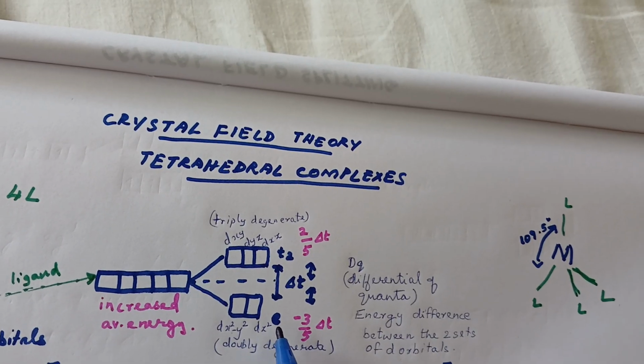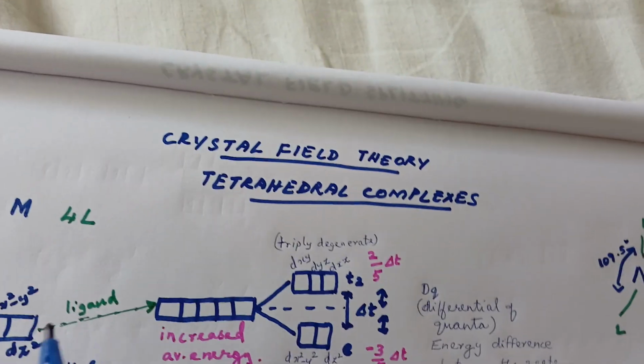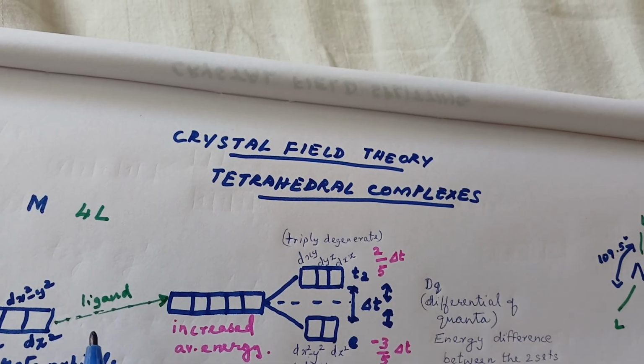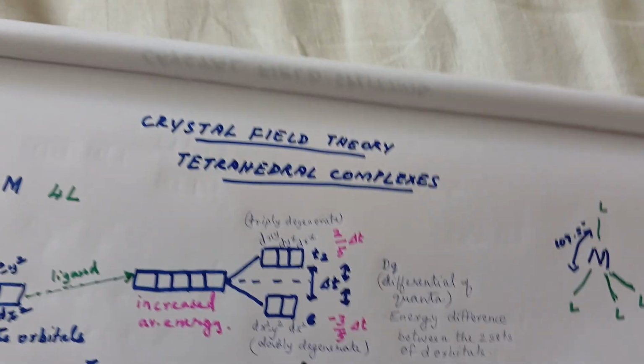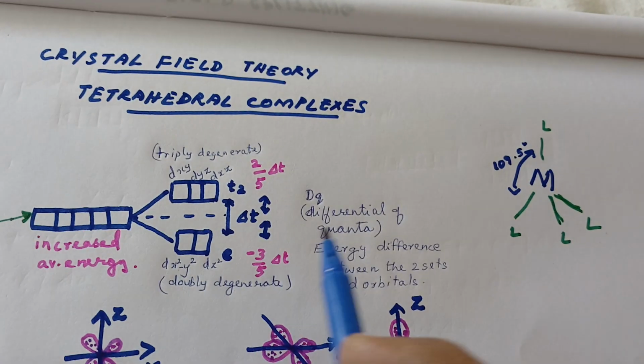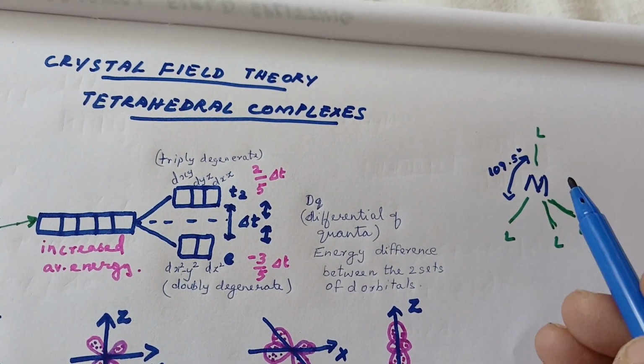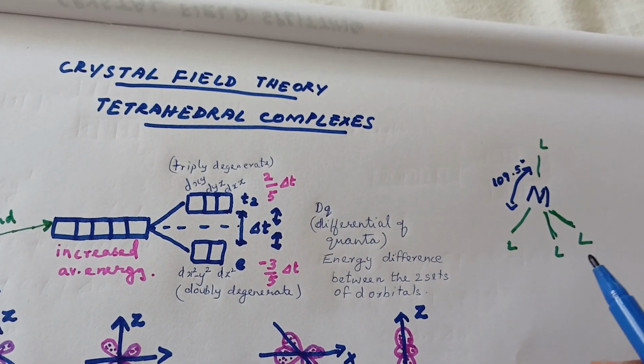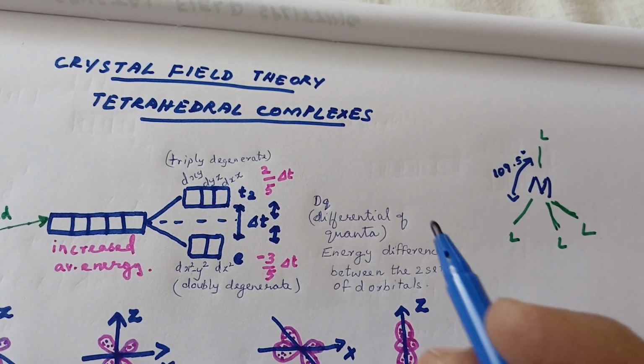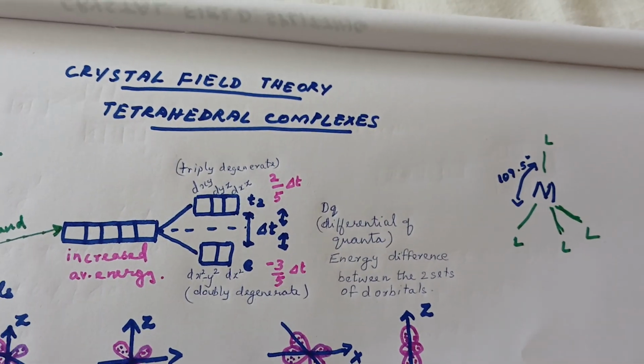Now you know that these ligands approaching the central metal atom are not coming along or aligned to the 3 axes. They are coming along the interaxial orbitals.